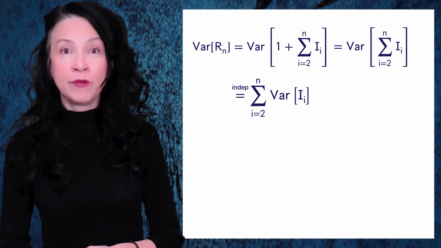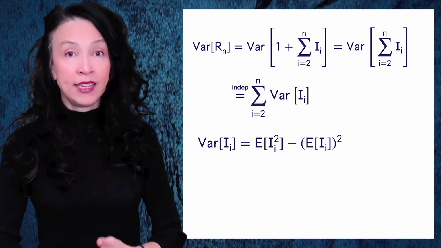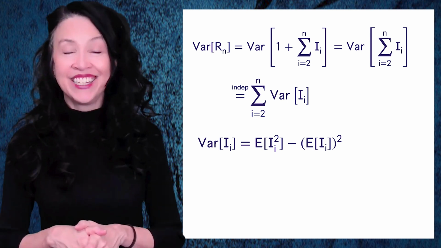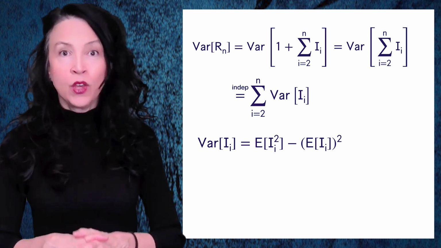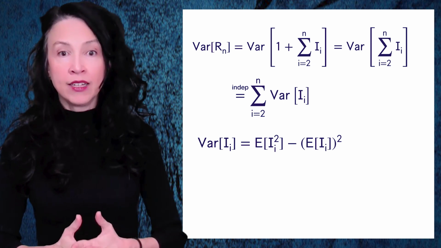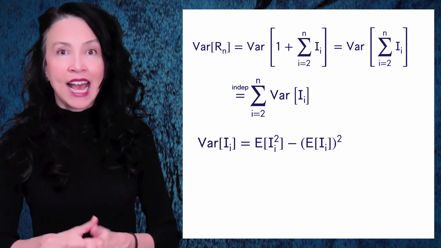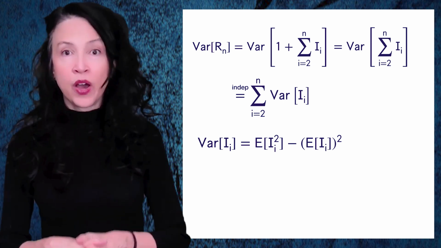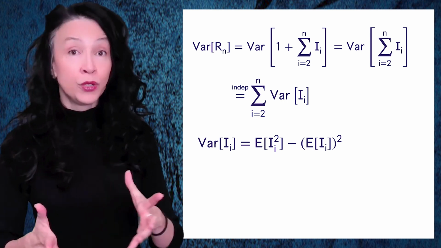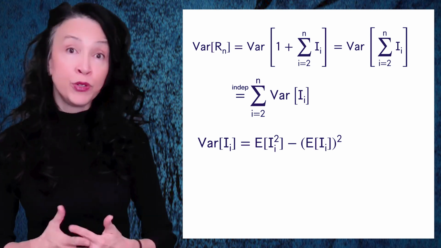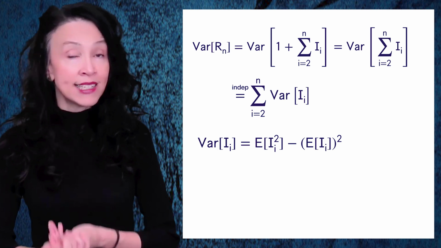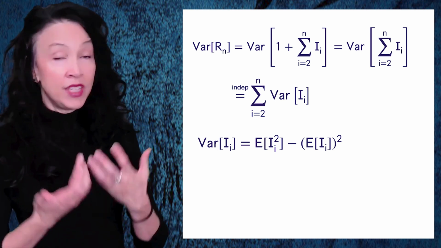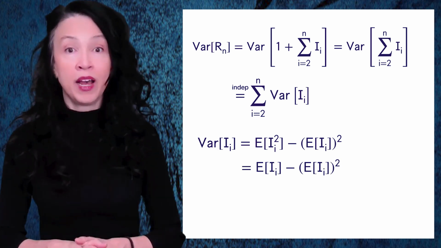Let's look at the variance of I sub i when the subscript i is 2 or greater. We know that the expected value of I sub i is 1/2, and the expected value of I sub i squared, so this random variable is 0 or 1, when you square it, it's still 0 or 1. I sub i squared is the same thing as I sub i.